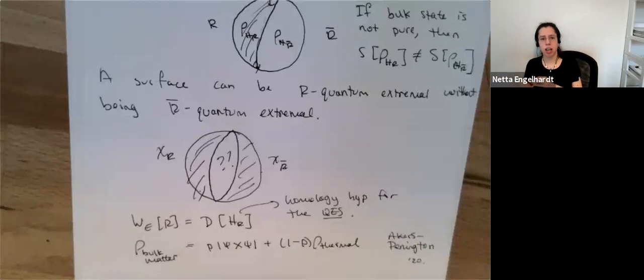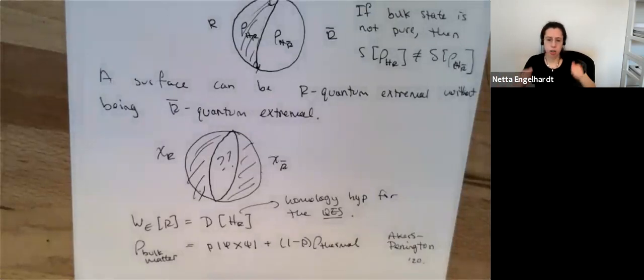Maybe I'll say, I don't know about the space-time, but here's something that I do know. I know that there's no phase transition in the von Neumann entropy as I take the region R and increase it to some region R prime. So suppose I know that. That tells us that in the bulk, the surfaces continuously interpolate.